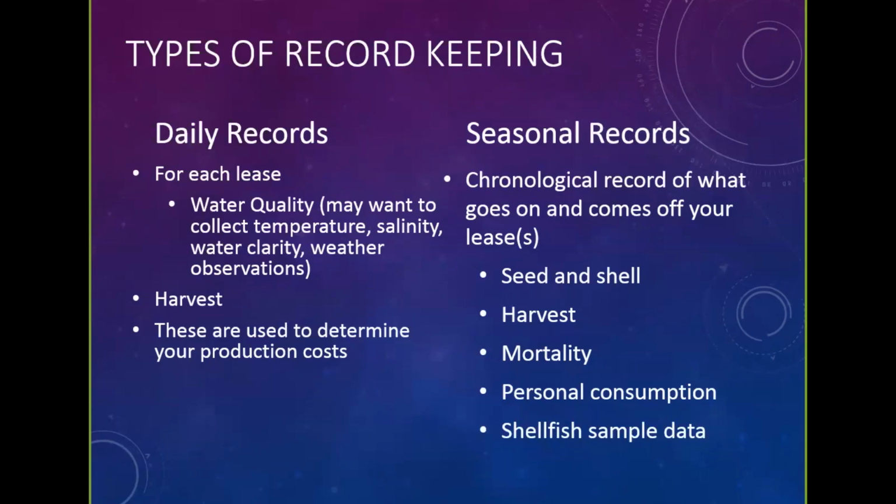Personal consumption, that's a big one. If you're pulling out lots of your product to give as samples to chefs or to restaurants or whoever, write it down because that can add up over time. Or I've got shellfish sample data here, but that could also be fingerling sample data or sample data of the fish or whatever else you're growing to see how they're growing throughout the year to make sure nothing's going wrong.